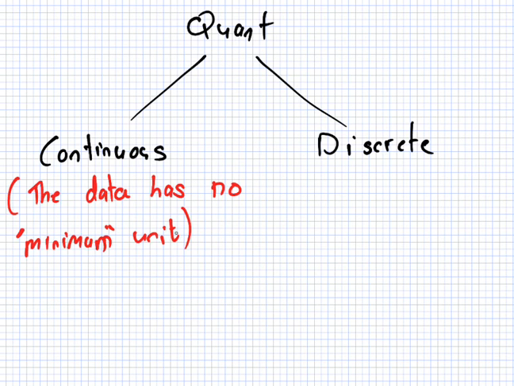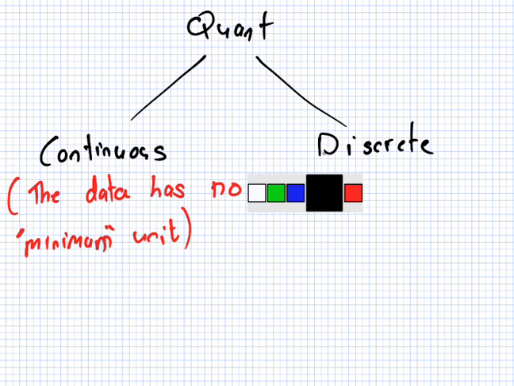So there is a kind of minimum unit. You can't go any smaller than that. You can go all the way to 0 if you like, but discrete has a minimum scale, minimum size. It doesn't make sense to measure smaller than this.